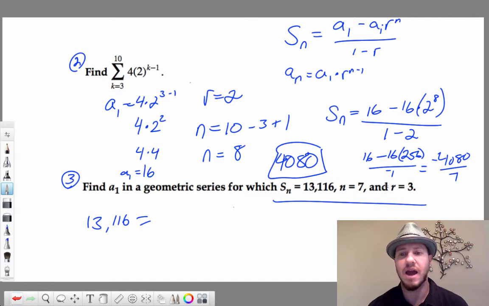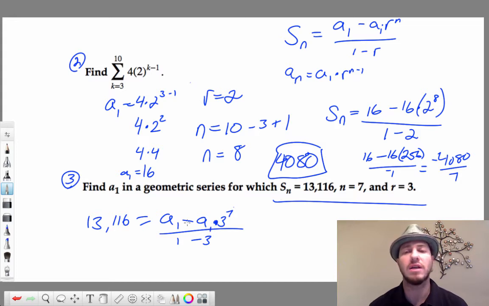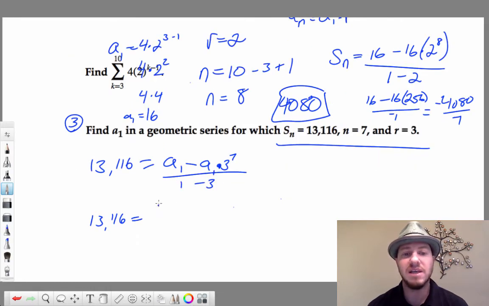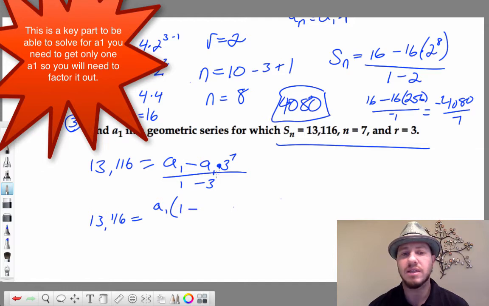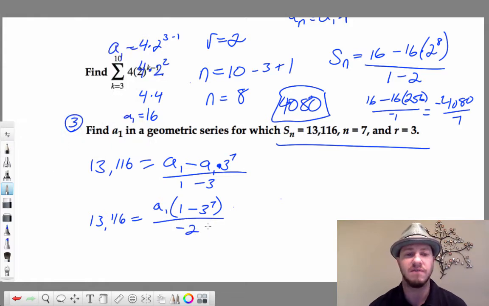I have N and I have R. So it's equal to A1 minus A1 times 3 raised to the 7th all over 1 minus R. And because I'm trying to solve for A1 and I have 2 of them, but they're both here being added or subtracted together, what I'm going to do is basically factor that A1 out, and that makes this a 1, makes this just 3 raised to the 7th, all over 1 minus 3. I'm going to go ahead and simplify that, and that becomes negative 2. So then I can go ahead and simplify this part.